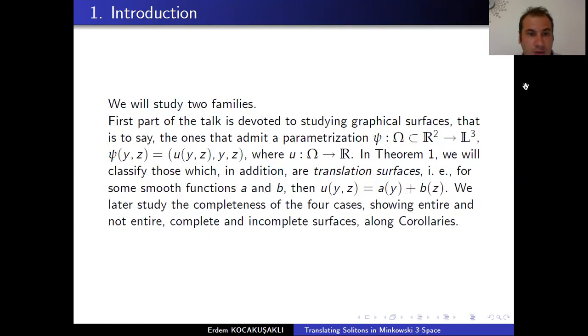This talk contains two main parts. In the first part, we study graphical surfaces. We examine the translating solitons of the mean curvature flow for graphical surfaces which are translation surfaces. Then in Theorem 1, we classify our solutions, and we examine the completeness and entireness cases in our corollaries.